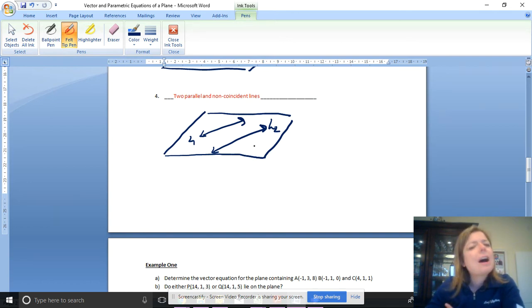And then think about, how could you find the second direction vector? Remember that the vector equation of each line will also contain a point. So the second direction vector can be found by finding the position vector between the 2 points that are given to you.